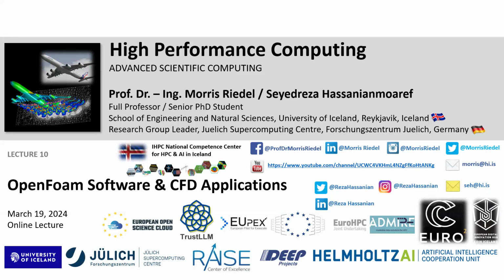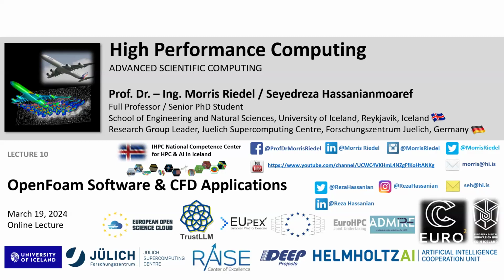Also, we had a short review on the MPI approach and how we can split the domain of the CFD problem into subdomains and assign each subdomain to a processor.